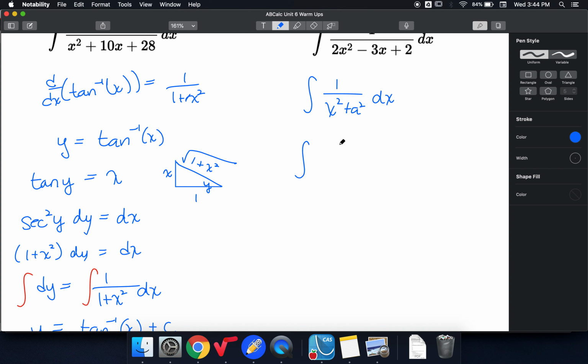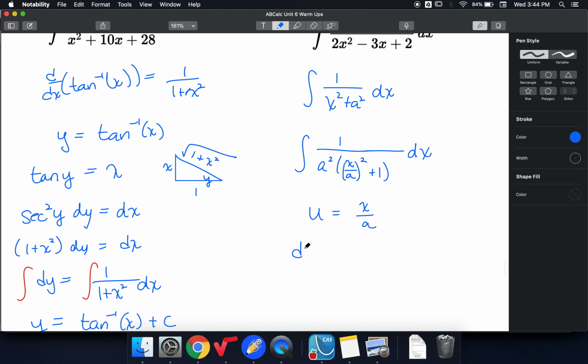So I'm going to rewrite that by factoring out that a squared, and then I'll get x squared over a squared, which is x over a squared, plus 1 dx. And now this is good because it's looking like u squared plus 1. So I'm going to have my u be x over a. My du then is going to be 1 over a dx.